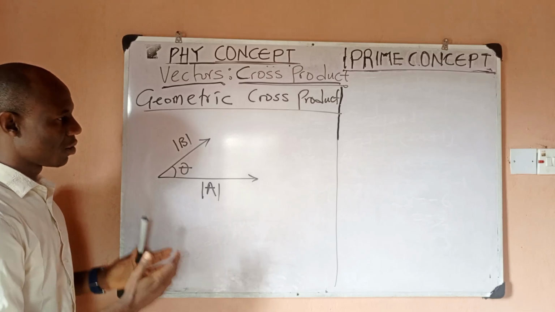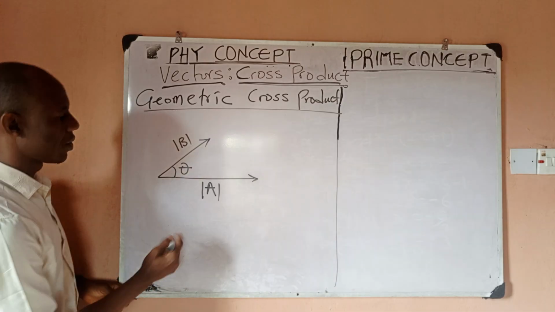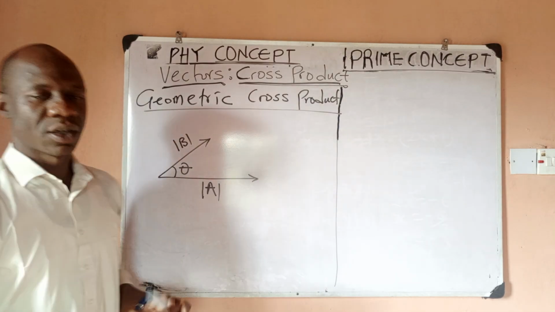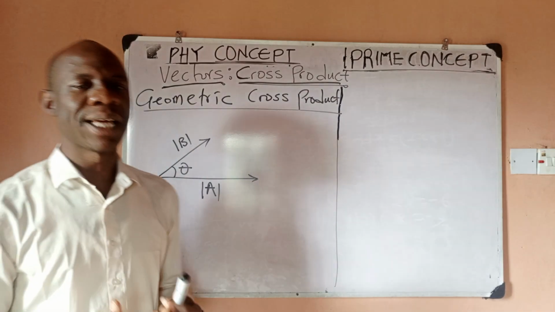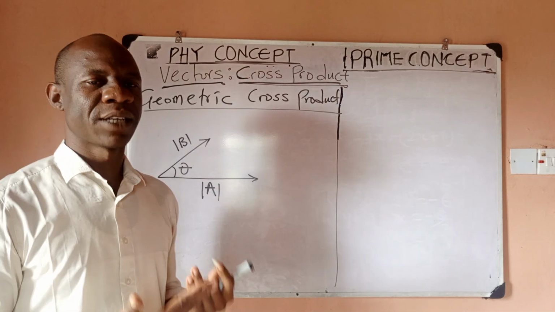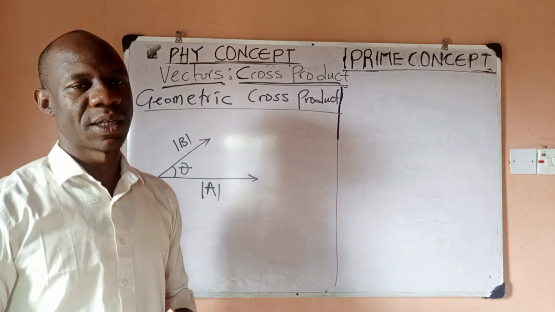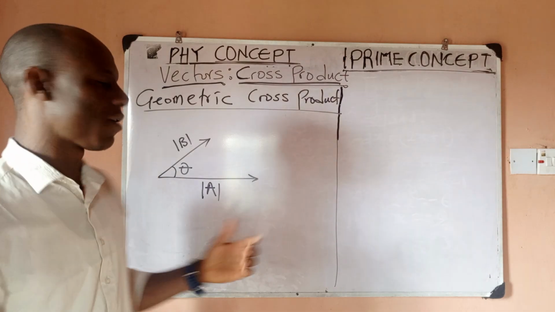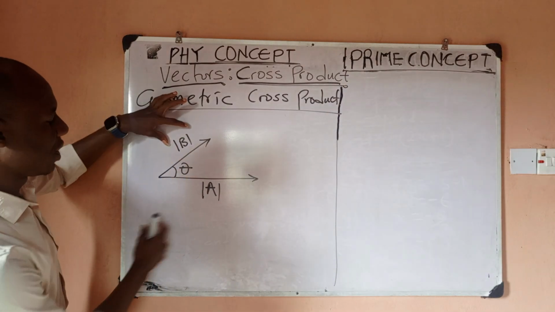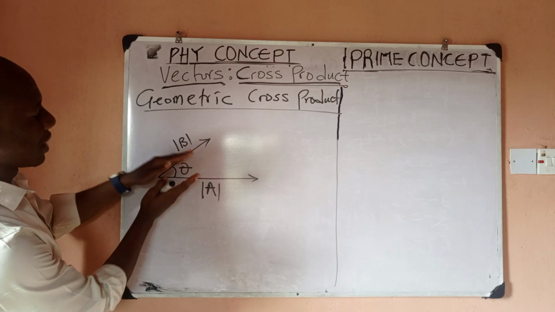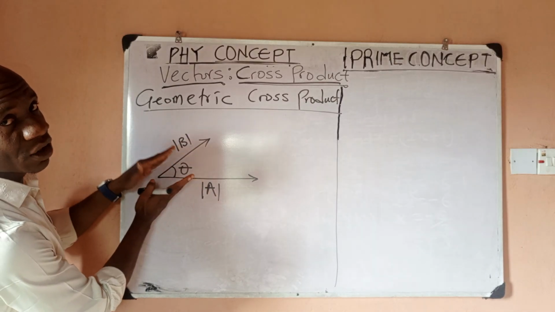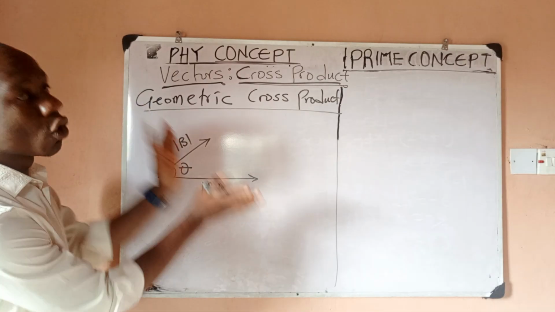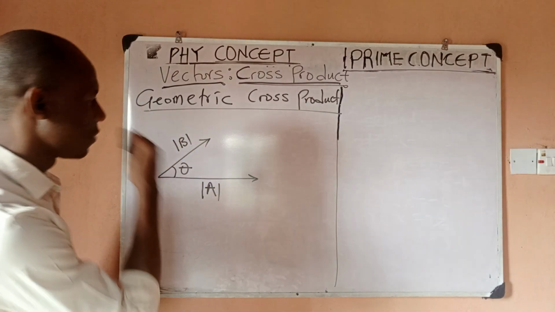But before I do that, I want to point out that the geometric cross product tells us the extent to which two vectors are separated from each other. It gives us how much separation two vectors have, because this is vector B and this is A. By the time we finish this derivation, you will see that it has a relationship with sine, and sine tells us how much opening or separation two vectors have.